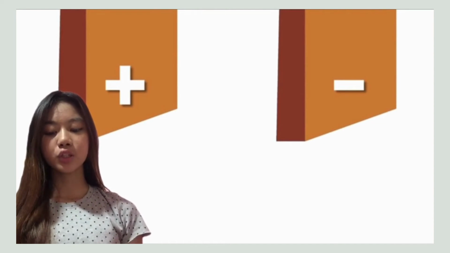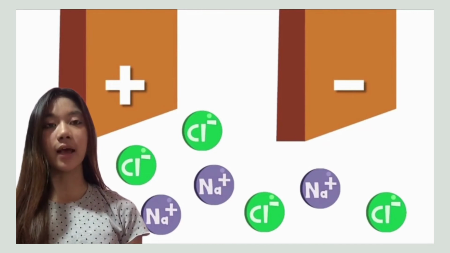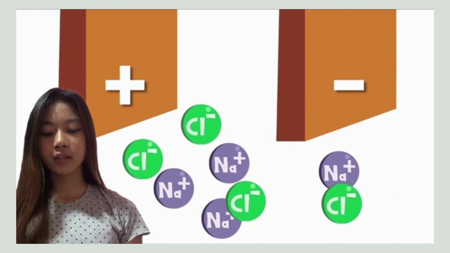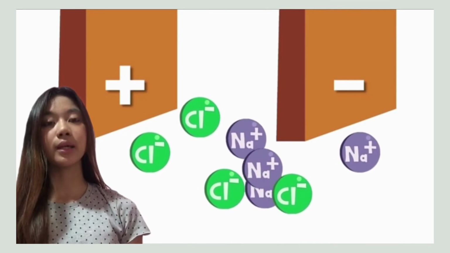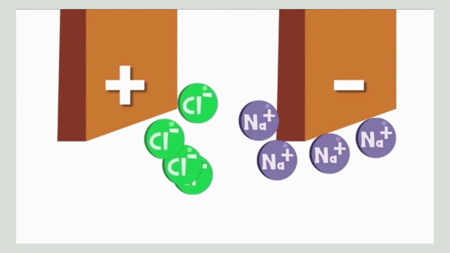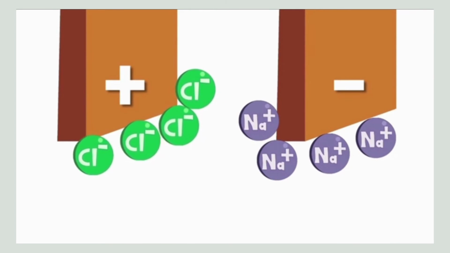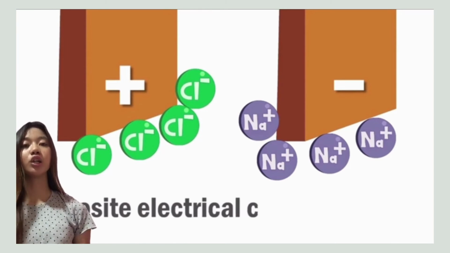Anything positively charged in a liquid is going to be attracted to the negative electrode, and the negatively charged is going to be attracted to the positive electrode, because opposite electrical charges attract.